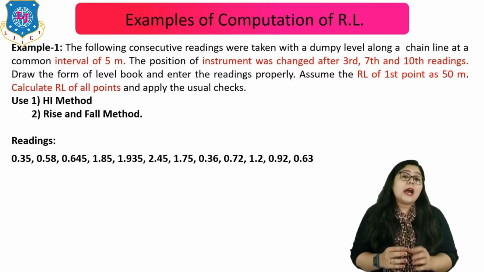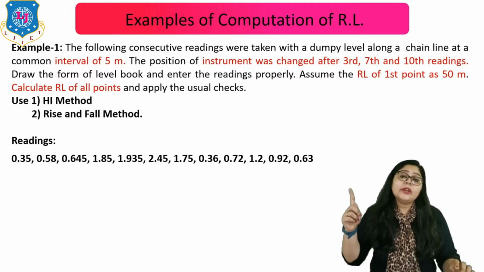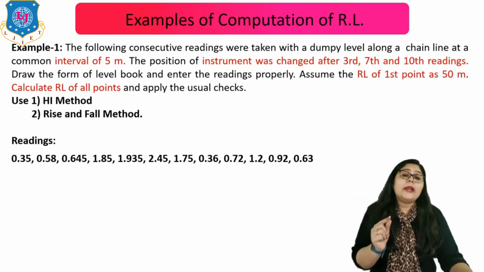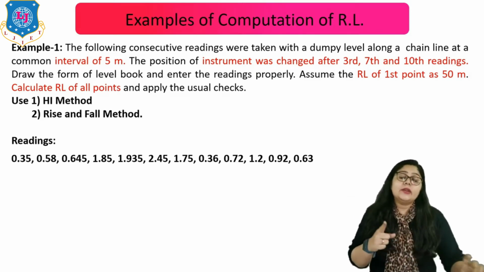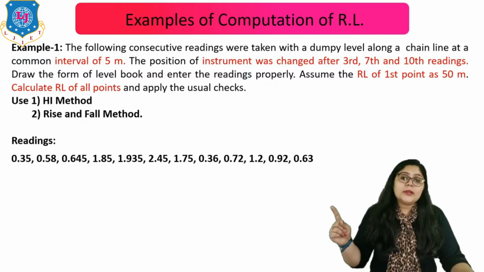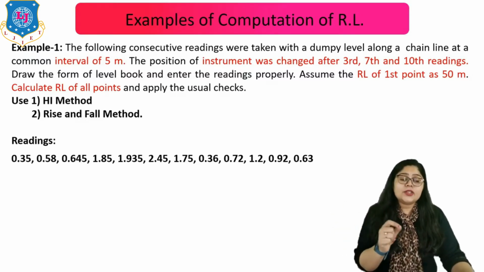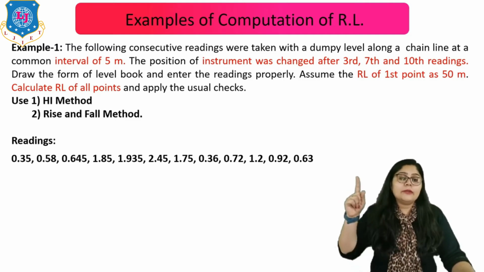Now the question is how I will know that that is the last reading. You can see in the given data that it clearly says the position of the instrument was changed after the 3rd, 7th and 10th readings, right? So now please see on screen carefully how I am arranging the BS, FS and IS according to our given data.